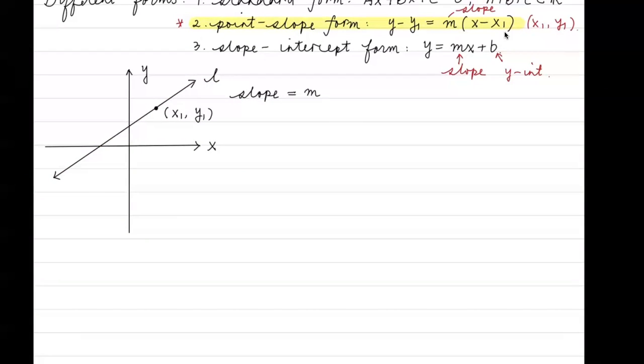I want to recall something that we have learned in the past 2 weeks. How do we determine the slope of a straight line? I'm going to draw another graph here just to make it clear.